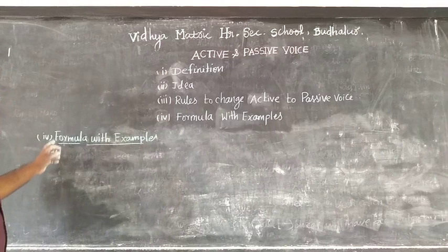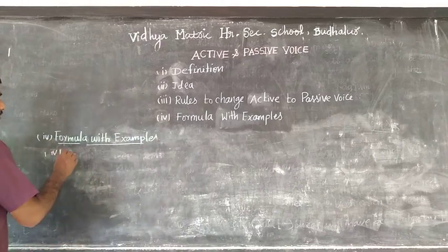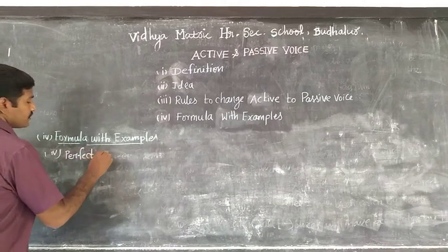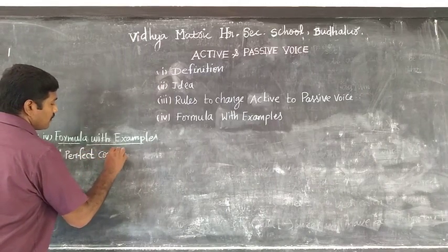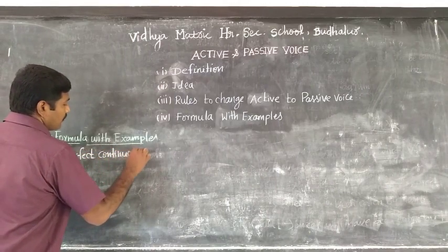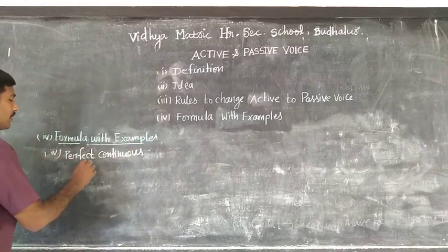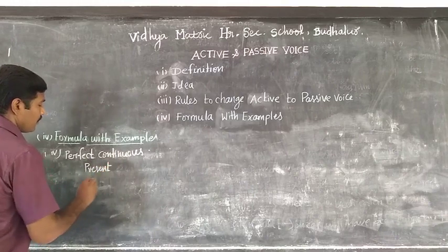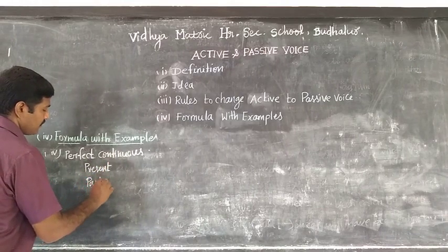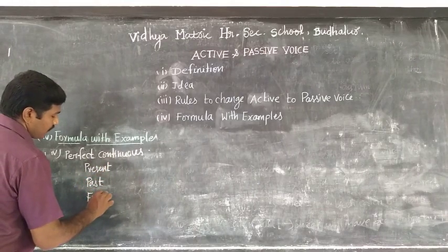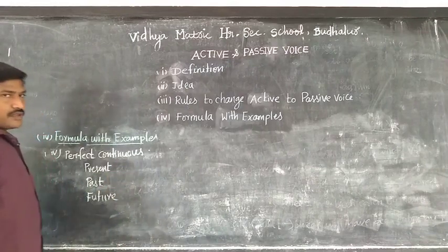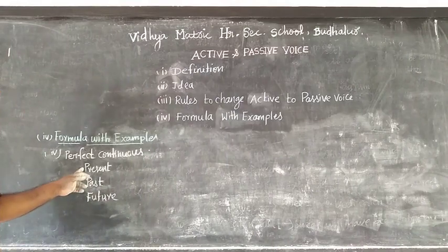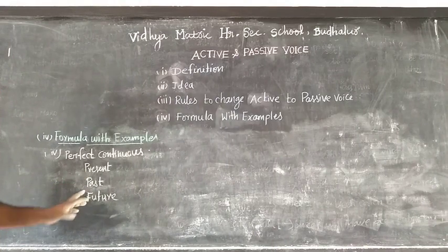Step 4 is perfect continuous, for present tense, past tense, and future tense: present perfect continuous, past perfect continuous and future perfect continuous.